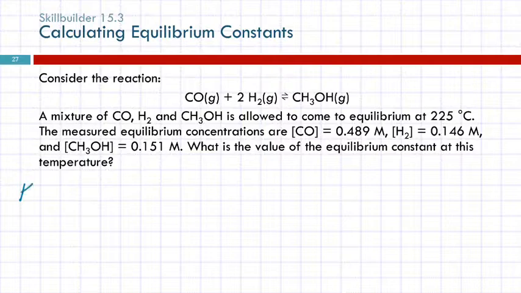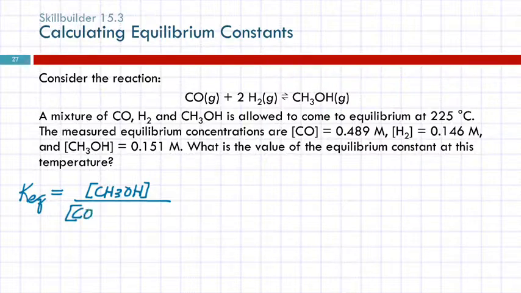So we have to write the equilibrium constant expression for the chemical reaction. Look through at the state symbols. If there's any that are liquid or solid, just mentally or actually cross them off. Here they're all gases. So for the product concentration, this has no coefficient, so I don't have to put an exponent.